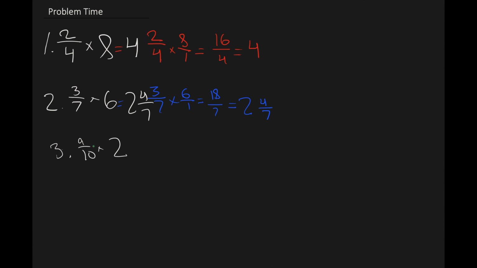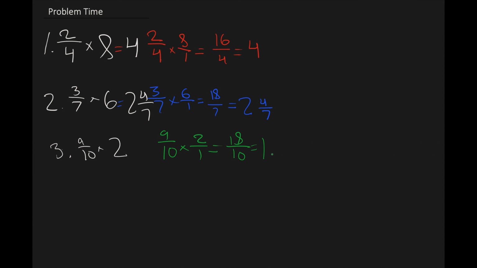Now we have our last problem. 9/10 times 2. So step 1, convert to improper fraction. 9/10 times 2 wholes. So 9 times 2 equals 18. 10 times 1 equals 10.